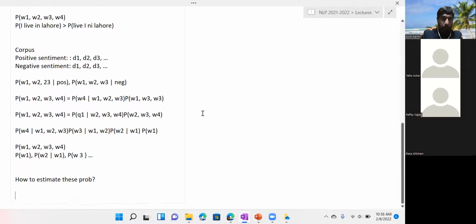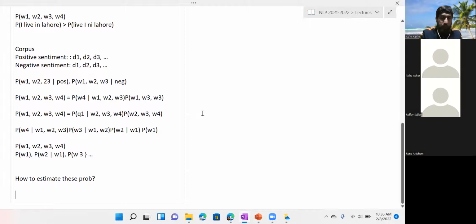Of course, I think most of you should be familiar with maximum likelihood estimation, which in a very simple sense is simply a ratio of counts. And of course, to estimate, you need to have a corpus. What do I mean by a corpus?